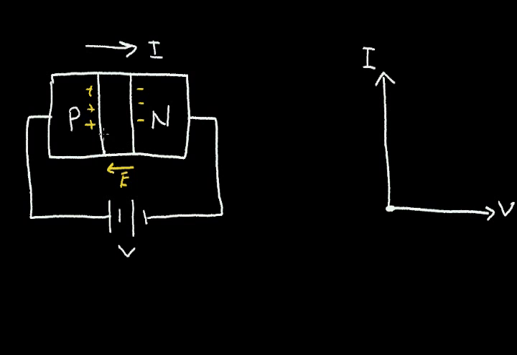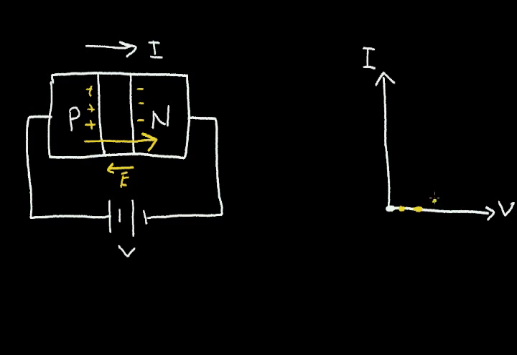So in effect, I'm canceling out this E field that's built into the depletion region. And as I increase this voltage, I move out here, I increase the voltage a little more, I move out here, and eventually I collapse the depletion region, and at that point I get current to flow from the P region to the N region.